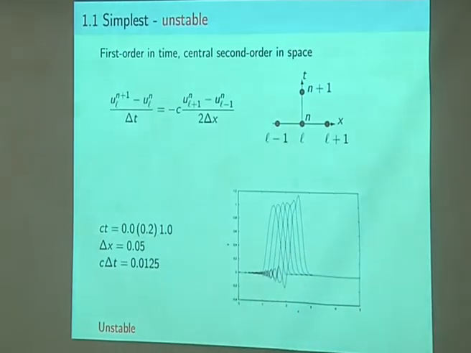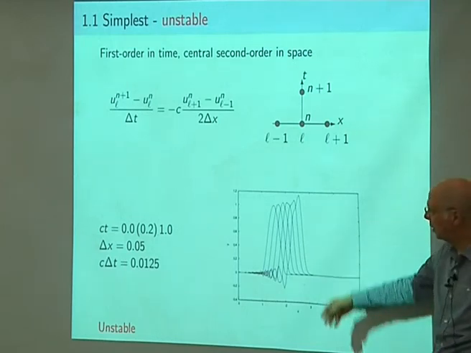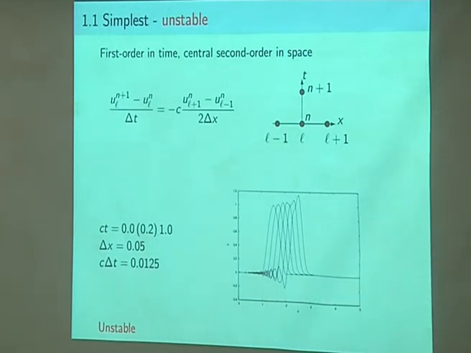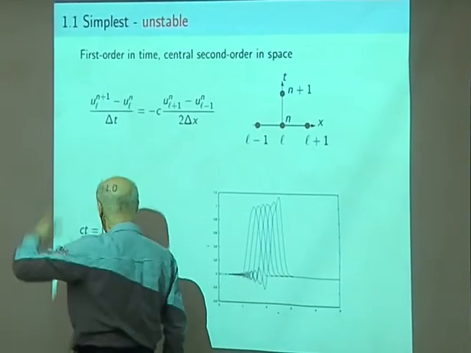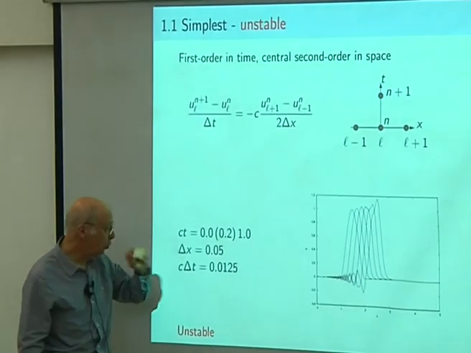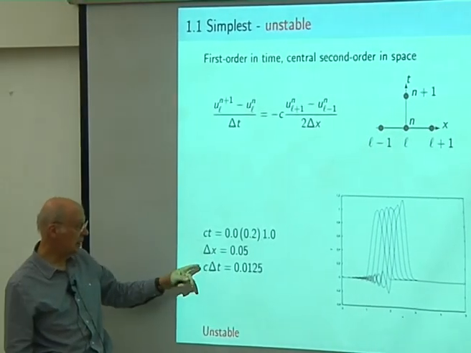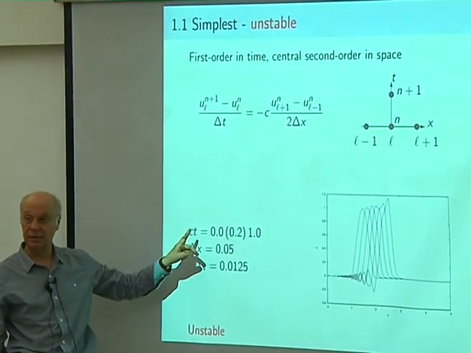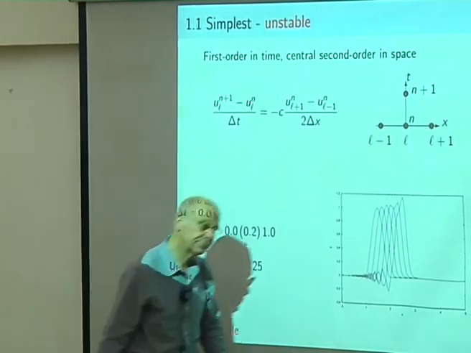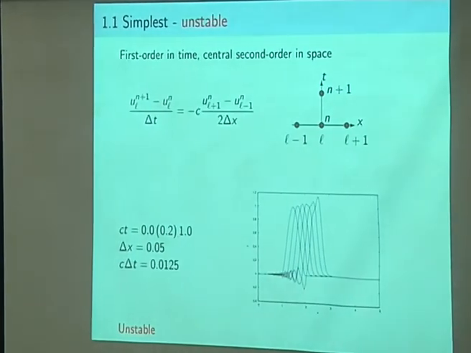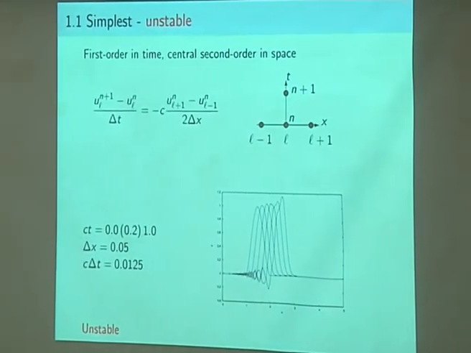And I'm showing here solutions at every time advance, real-time advances by 0.2, with a delta x of 1/20th and c delta t of 1/80th. And it's unstable. And it can't be made stable by any choice of delta t.